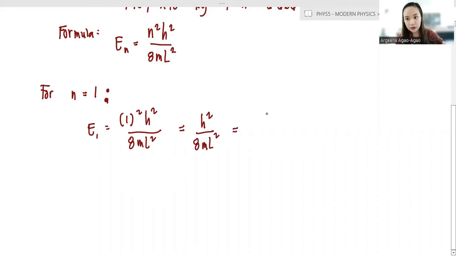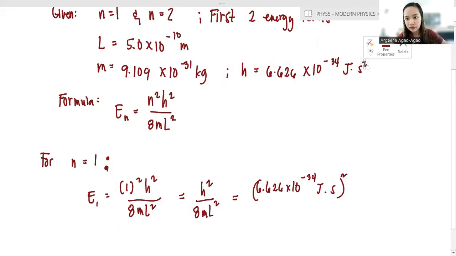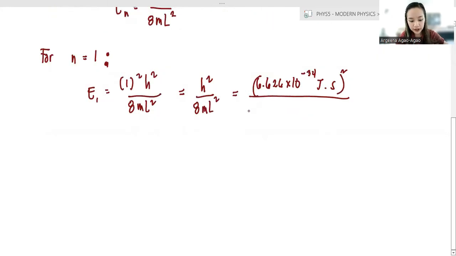So substituting our given values, we will have 6.626, your Planck's constant, times 10 raised to negative 34 joule-seconds, this squared, divided by 8 times your mass, that is 9.109 times 10 raised to negative 31 kilograms, times your length, that is 5 times 10 raised to negative 10 meters squared.